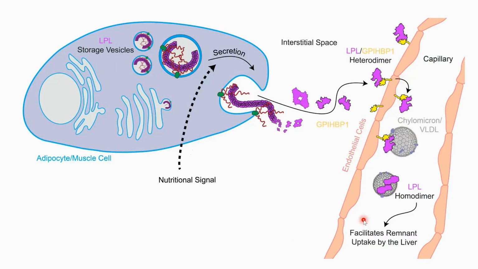So to come back to the summary slide I started with, as you can see, LPL has a variety of different structural transformations throughout its life, and it's highly regulated at a variety of steps. And what I've talked to you about today is mostly this LPL homodimer step.